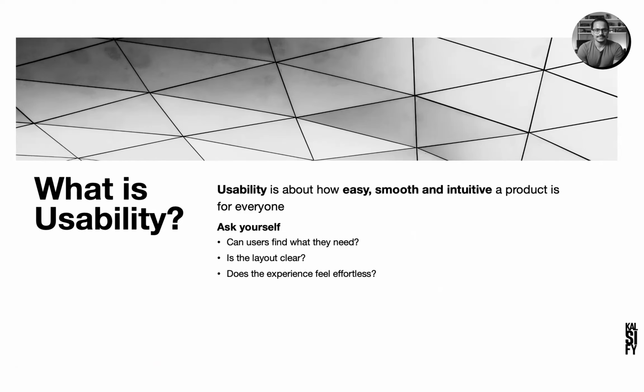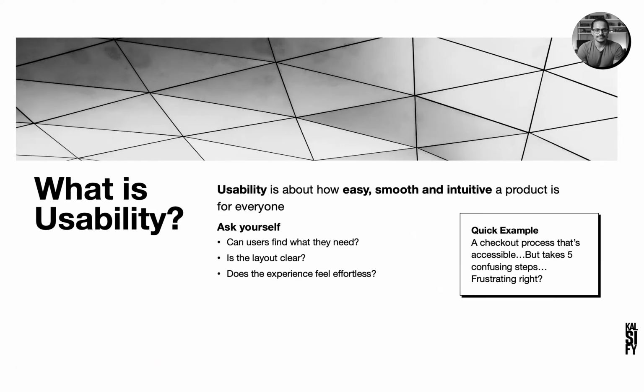Are we making people think too hard or making things unnecessarily complicated? Let me paint a picture. Imagine you're shopping online. The website works with a screen reader, so it's technically accessible. Great. But now you hit the checkout page and it's a mess. You have to go through 5 confusing steps, fill out information that doesn't feel necessary, and you're not even sure where to click next. Frustrating, right? So, what will happen?